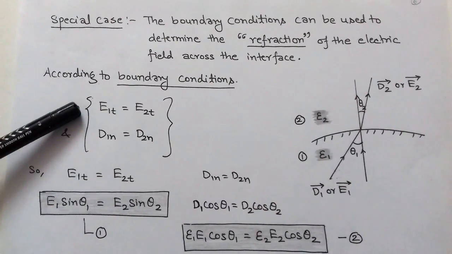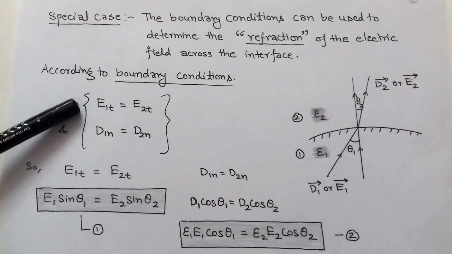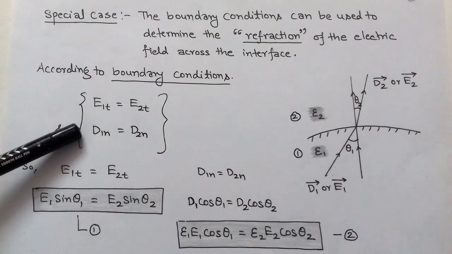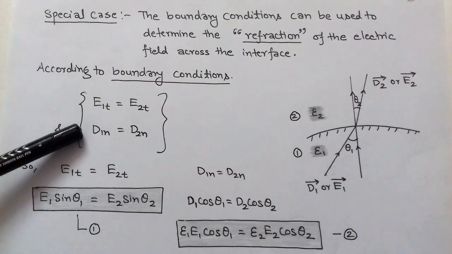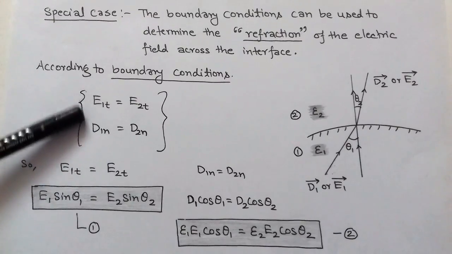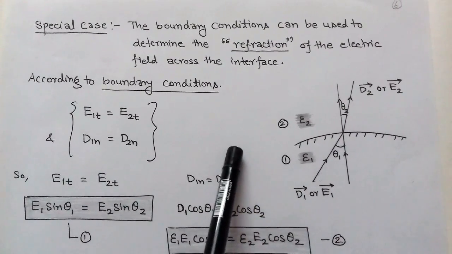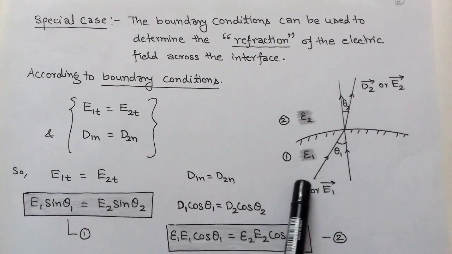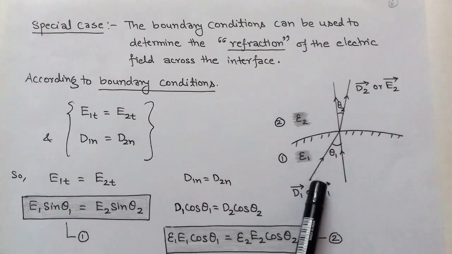Now, according to our continuous boundary condition, the tangential component of E is continuous at the boundary. Also, the normal component of D is continuous at the boundary. So we take these two continuous boundary conditions, and from the figure, we see the tangential component of E in terms of theta.